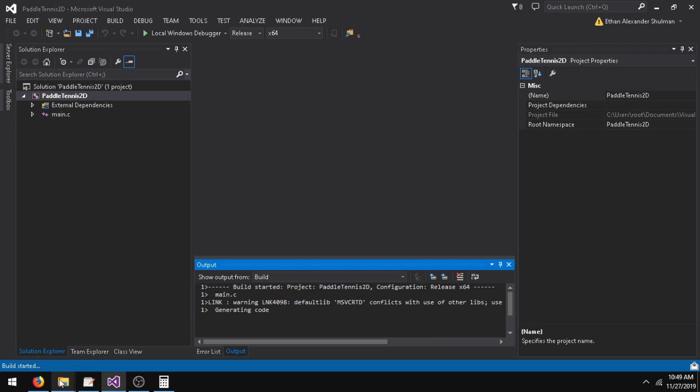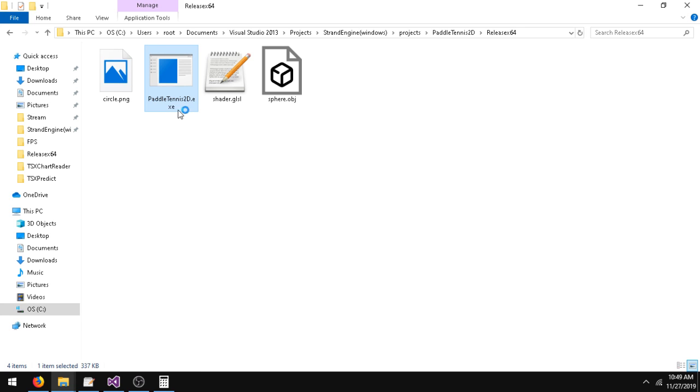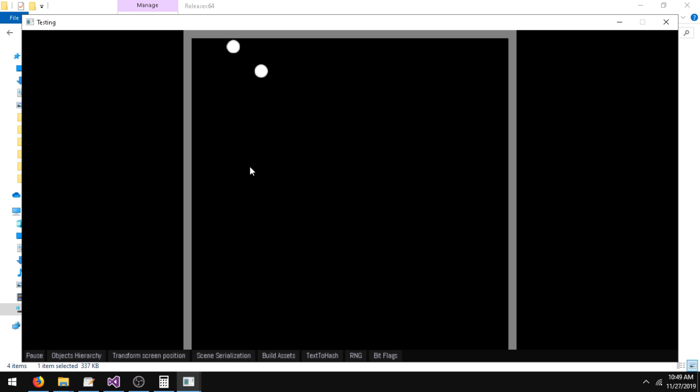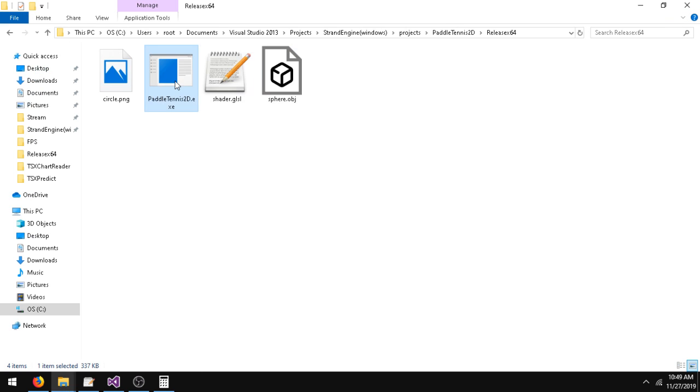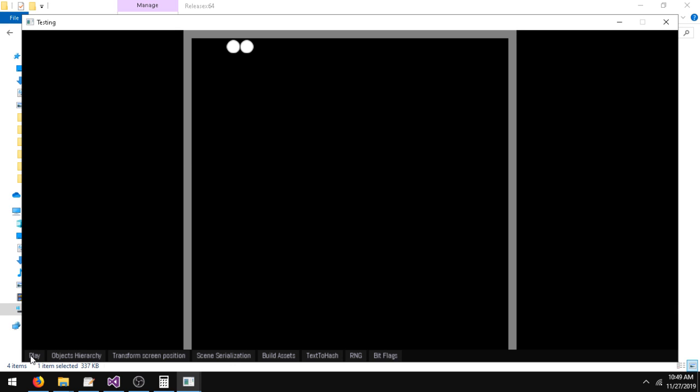So with no bounce, I think it should just transfer the velocity without pushing back. Yes. Awesome. So now this is like billiards almost.